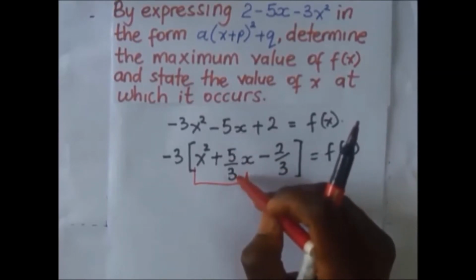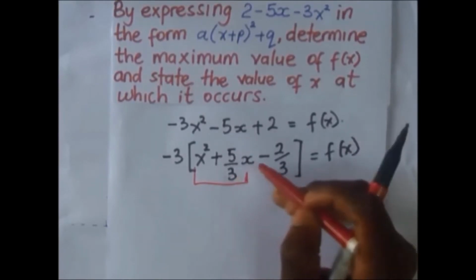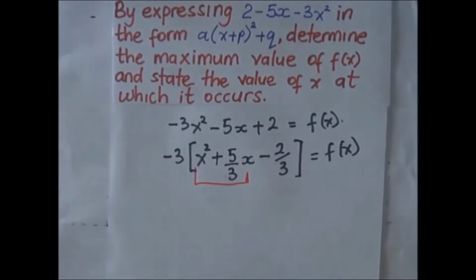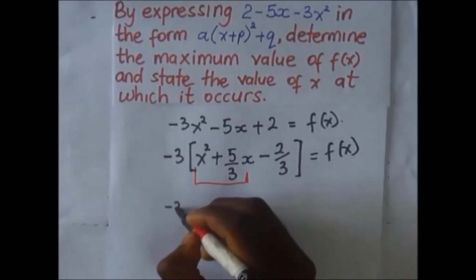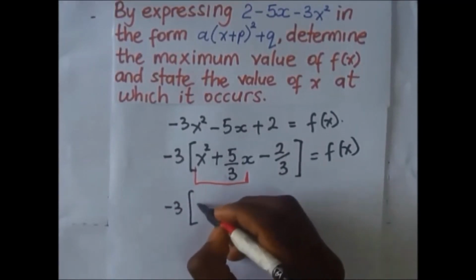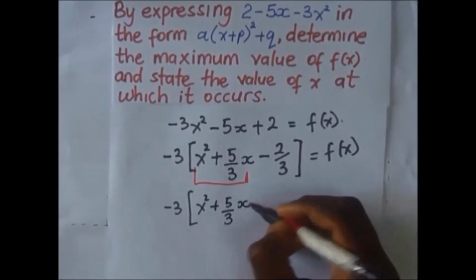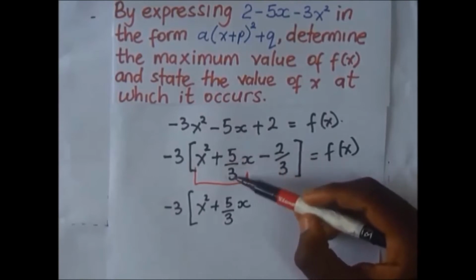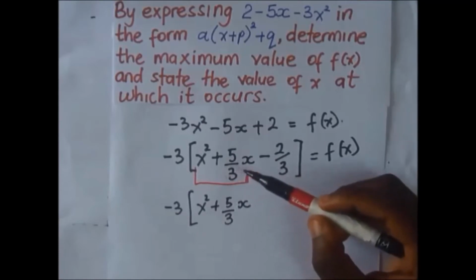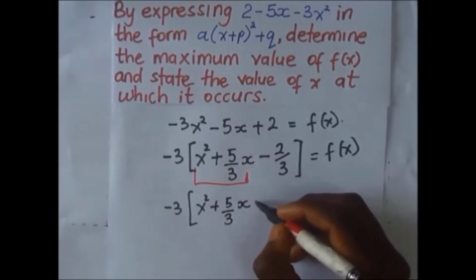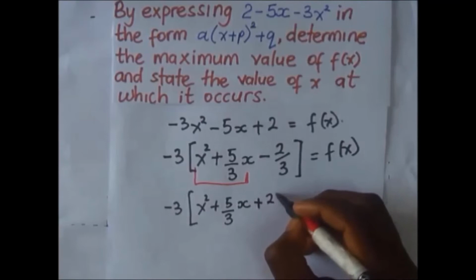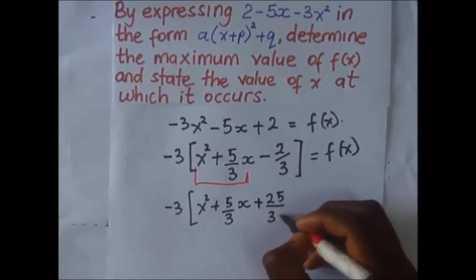We shall divide it by 2, and then the answer we get is squared. So it's going to become negative 3 into x squared plus 5 over 3x. So we get the coefficient of x, 5 over 3, divide that by 2, it's going to become 5 over 6. 5 over 6, square it, it's going to become plus 25 over 36.